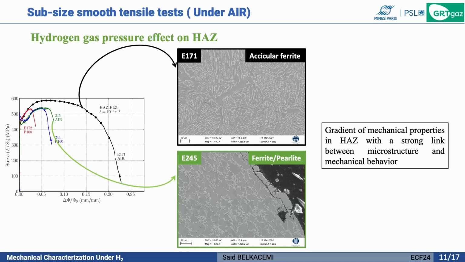If we take the example of the specimen plotted here in the black line, we see that the specimen presents acicular ferrite, which gives it higher yield strength and ultimate tensile strength. And when we compare it to another test performed under air, here in the green line, we see that the microstructure presents ferrite. So here we have, let's say, a strong effect between the microstructure and mechanical behavior.